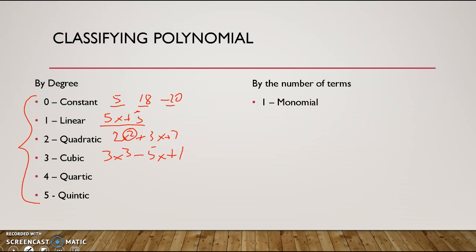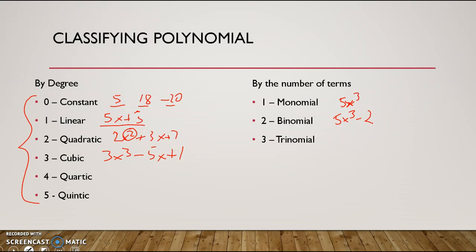We're also going to need to know that if it only has one term in it, we call it a monomial. So if it's just 5x to the third, that is cubic because the degree is 3, but it's a monomial because there's only one term. However, if we have 5x to the third minus 2, now it has 2 terms, the 5x to the third and the negative 2, and we call that a binomial. Anytime it has 3 terms, we call it a trinomial.